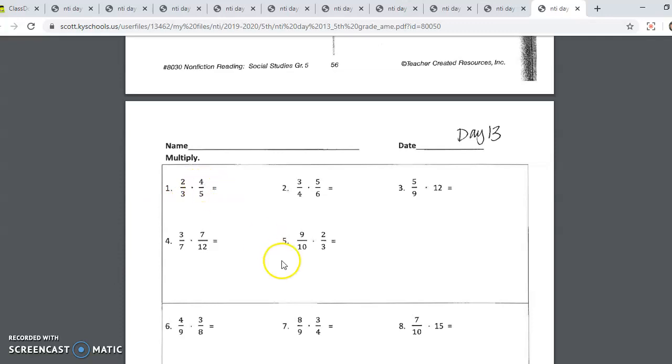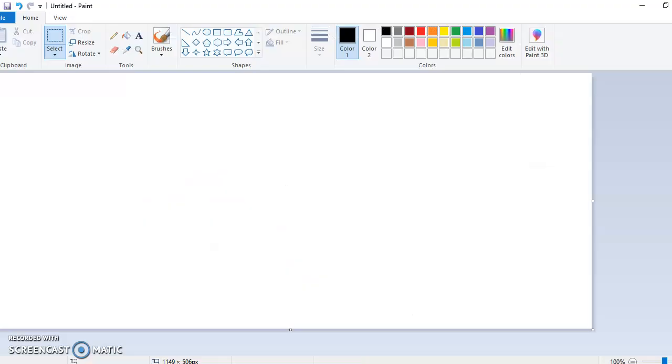The first one is 2/3 times 4/5. Okay, so when you're multiplying fractions, you don't have to do any of the keep, change, flip, or anything like that.